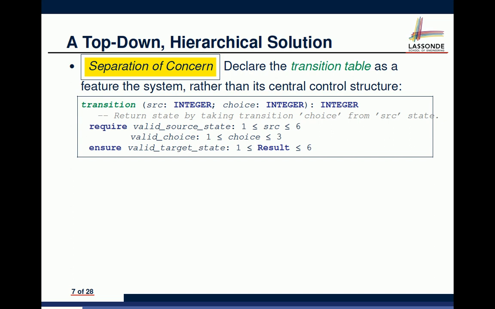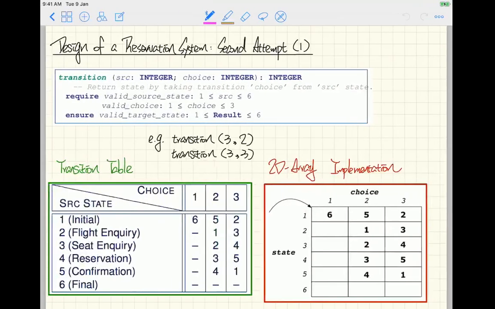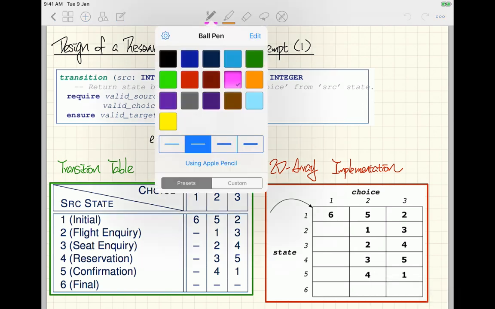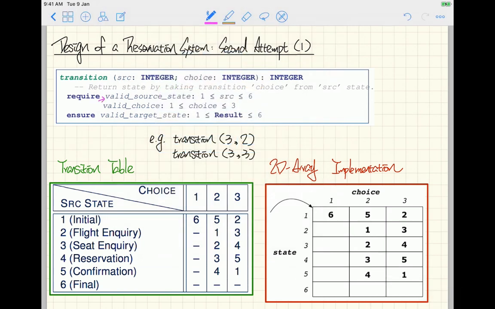The first precondition is that the source state should be between 1 and 6, simply because we only have 6 different states over here.